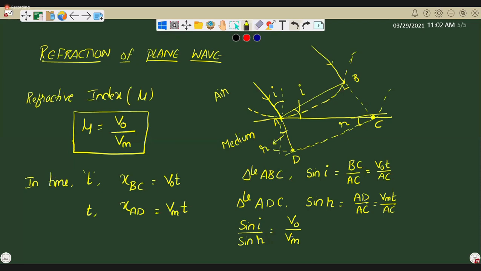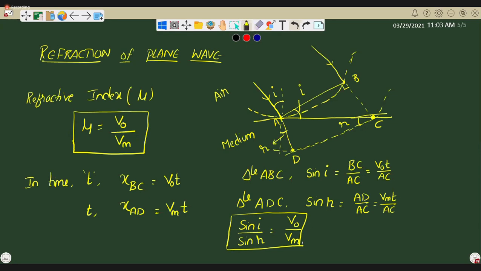Exactly. Understood? This is a very fantastic equation.